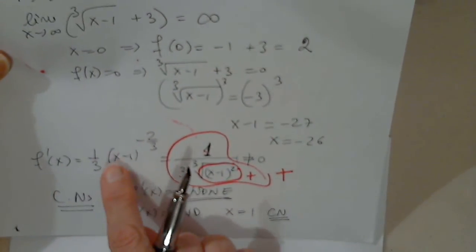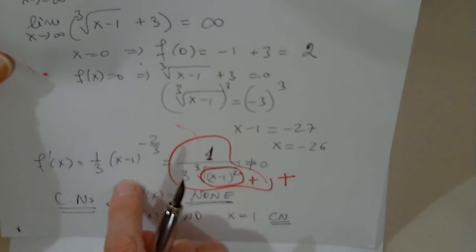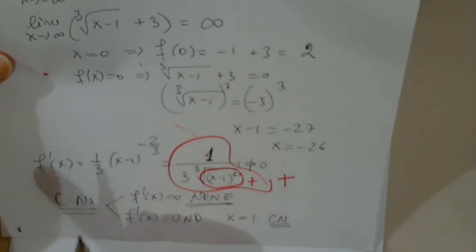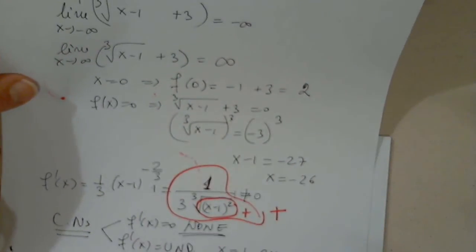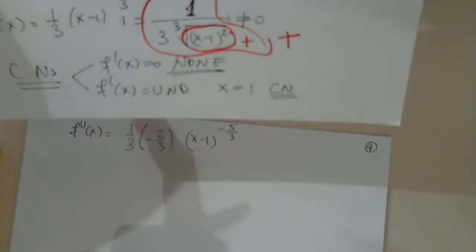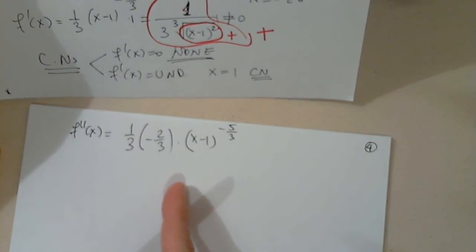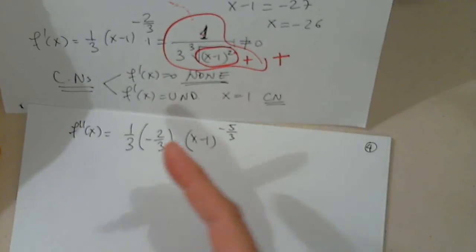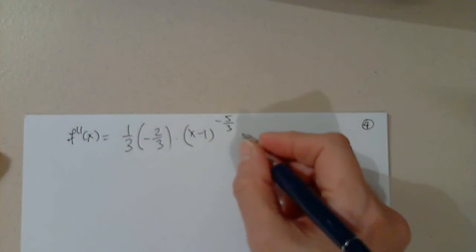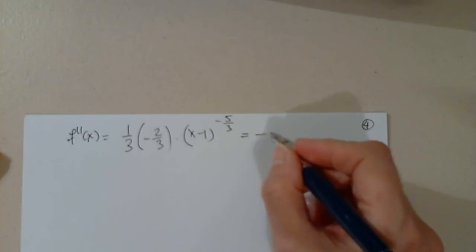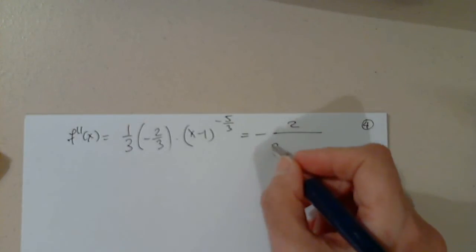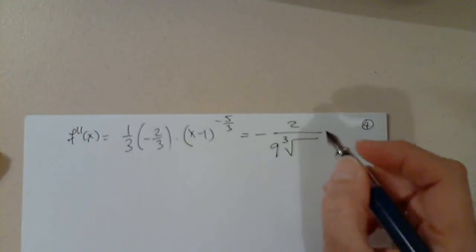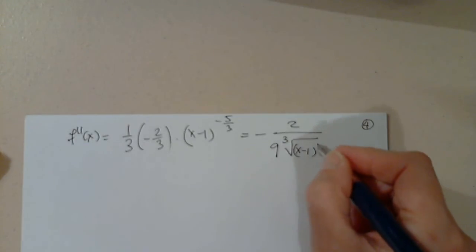I forgot to mention that for x minus 1, I have to use the chain rule, but x minus 1 prime is 1. So you can say here times 1 if you want. What we have now is negative 2 divided by 9 times the cube root of x minus 1 to the 5th.